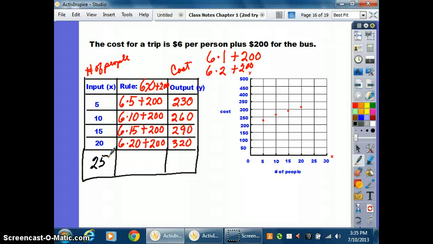I think it's going up by 30s, right? So if we add 30 to 320, should be 350. Let's check that out. If we had 25 people, 6 times 25, that's 150. Plus 200, that does give me 350. And we can see if we had 25 people, it would end up there. Okay? Last page.